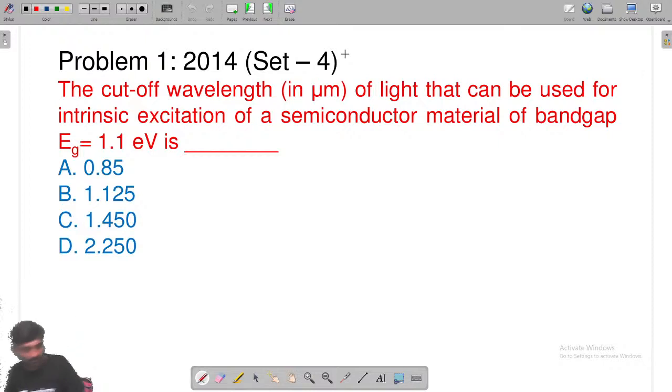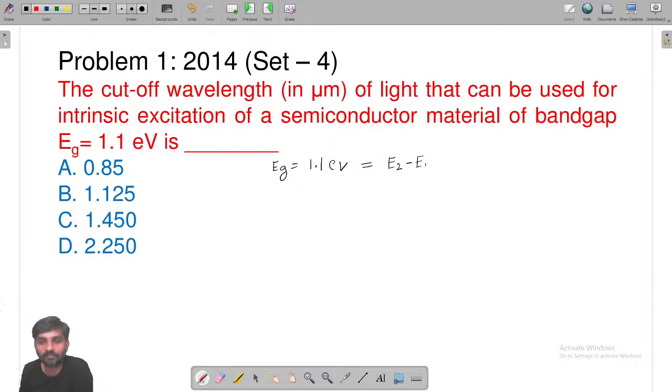What is the given data, sir? I will try to solve. So what is the given data? Energy gap he has given. Energy gap is 1.1 electron volts. So this is nothing but E2 minus E1, which he has already given: 1.1 electron volts. So what is being asked? It is simply asking for lambda.